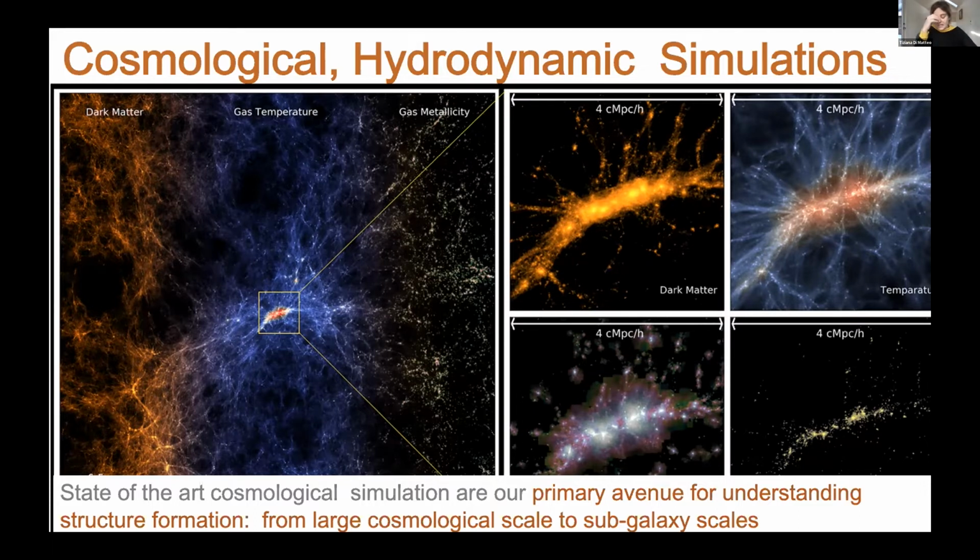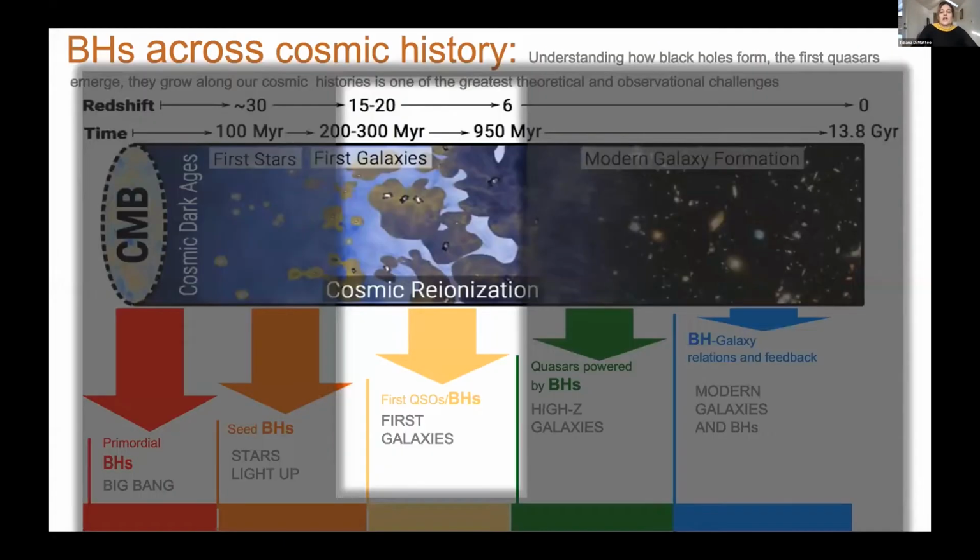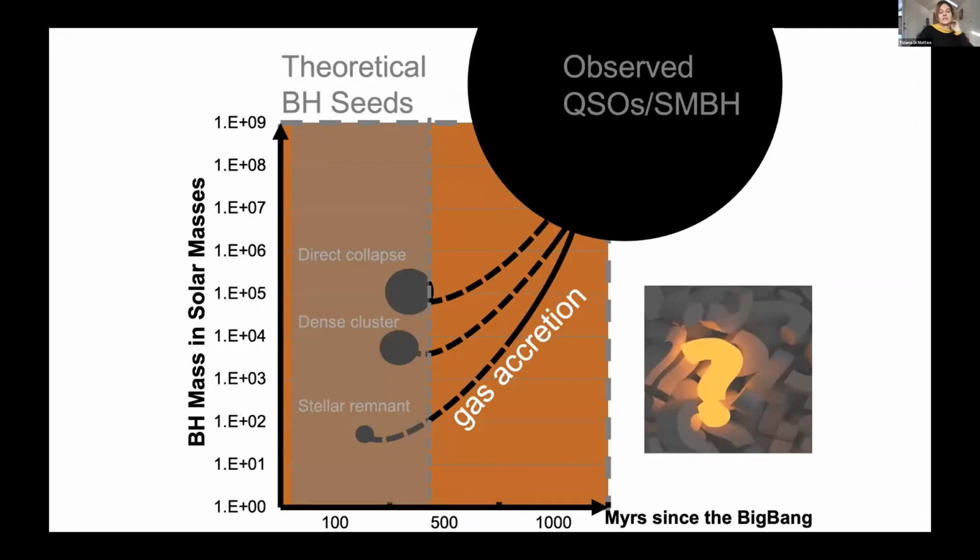So this certainly should be one of our primary places to go to when we want to capture some of the understanding of black holes in connection to galaxy formation. So I'm going to be focusing mostly on what these kinds of tools can teach us about the high redshift universe, so the first quasars and first galaxies, as indeed Madeline has reviewed in detail.